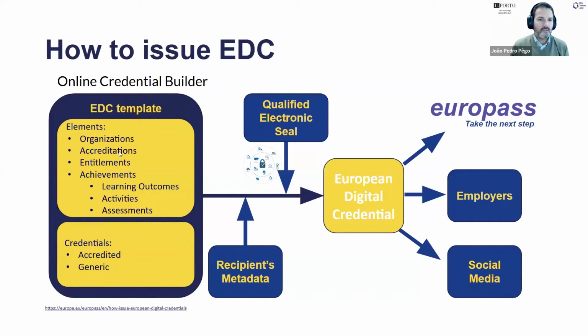So in order to create a digital credential, you need to create a template first. The template is built from different elements on the organizations involved, on the accreditation scheme and accreditation organizations that are involved, and if you are going to issue entitlements or not.